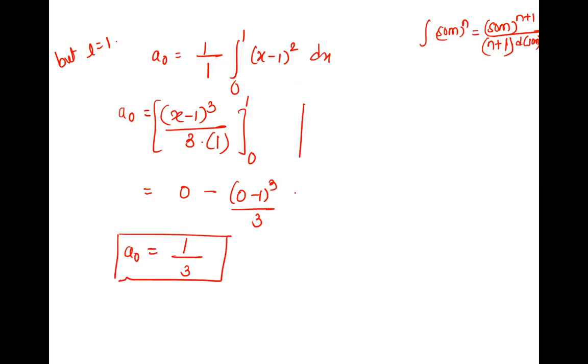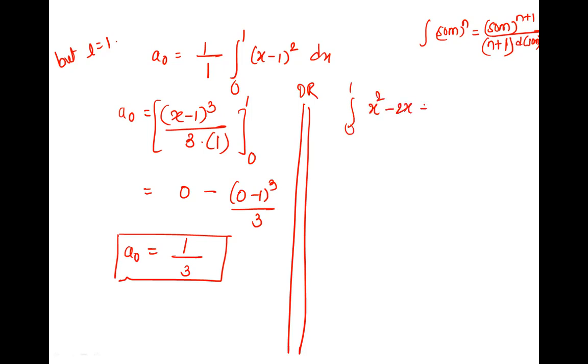And those who have opened the square up and solved will also get the same. So it is 0 to 1, x minus 1 square, x square minus 2x plus 1 dx, integration: x cube by 3 minus 2 into x square by 2 plus x from 0 to 1.